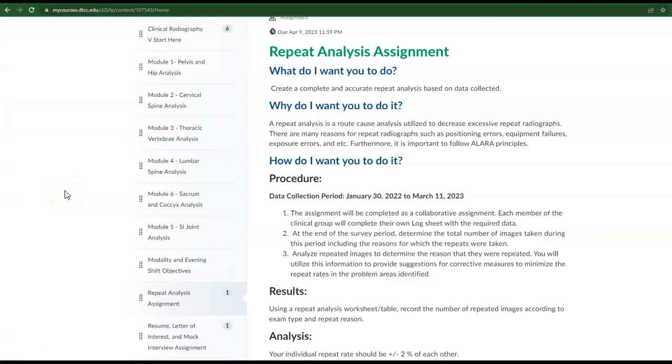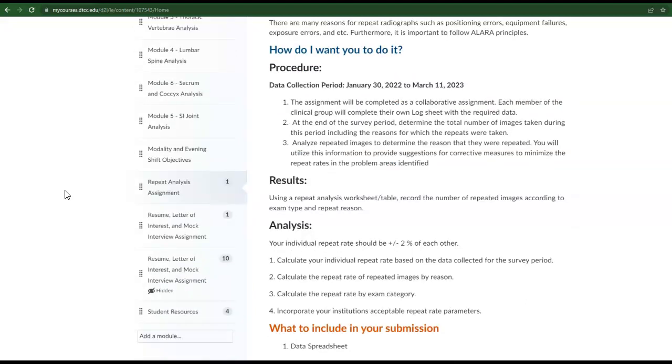So once you have completed your data collection period, you're going to analyze that data, and you'll utilize that information to provide suggestions for corrective measures to minimize your repeat rates in problem areas that you have identified through the analysis. Your individual repeat rate should be within plus or minus 2% of each other.